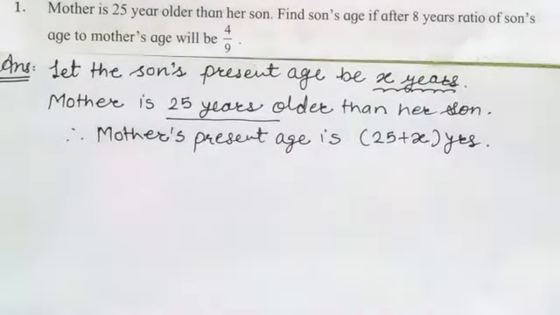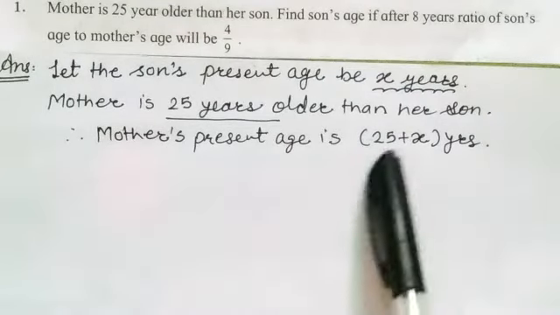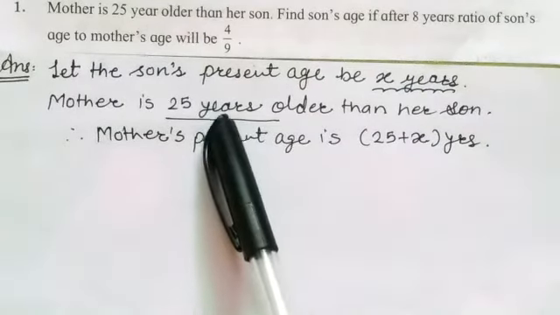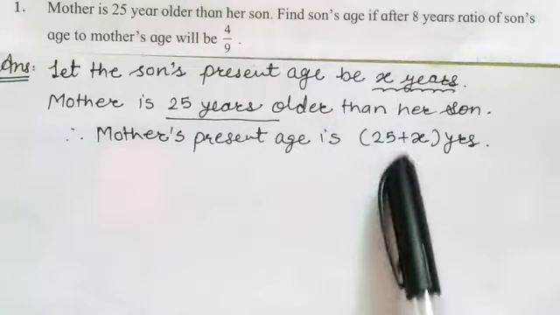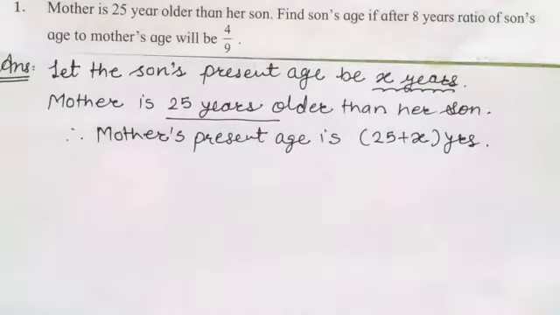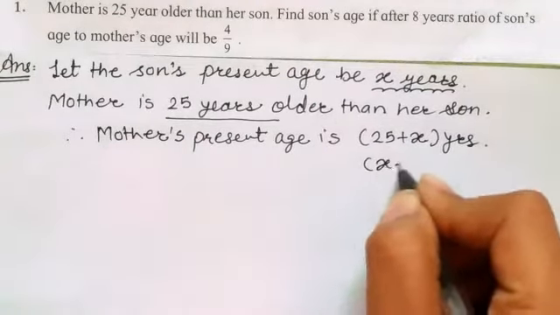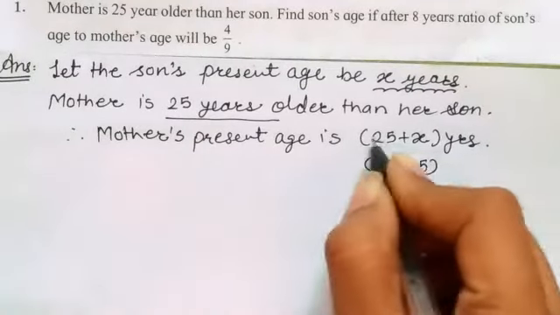Got it, students? Son's age is x years and mother is 25 years older than the son. Therefore, 25 plus x, or even we can write x plus 25 also.